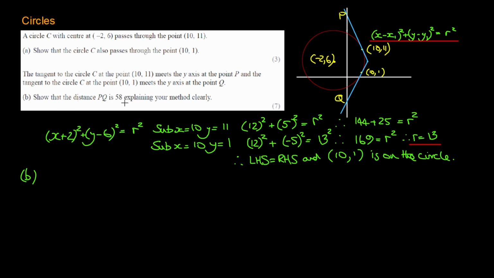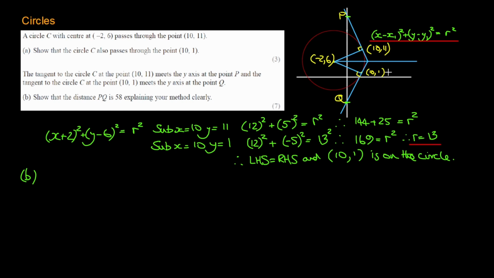And we need to find the distance of PQ, which means, of course, if we can find the y-coordinate of P and the y-coordinate of Q, we just subtract them. That will give us the length of PQ. It might help to pop on these two radii here. Now, they will meet the tangents at right angles, one of those circle theorems.